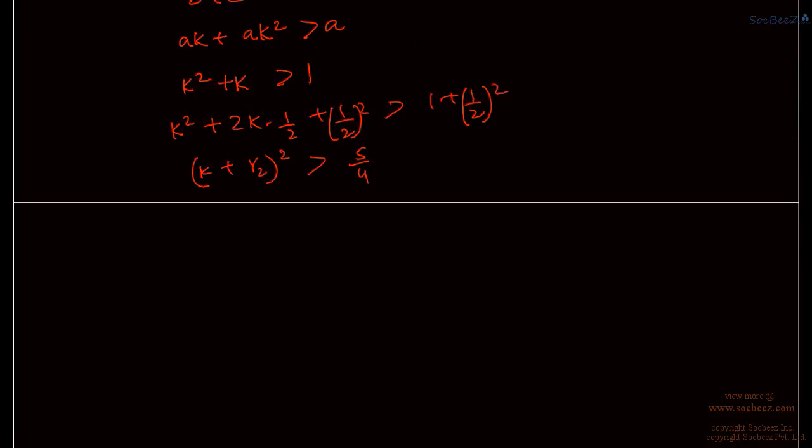Right? Okay. So let's take the square root. So that gives me k plus half is greater than root 5 by 2. So that means k must be greater than root 5 by 2 minus half, or written simply, half of (root 5 minus 1).